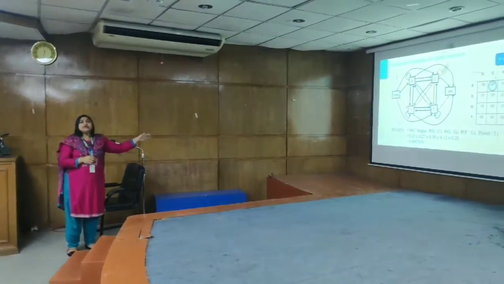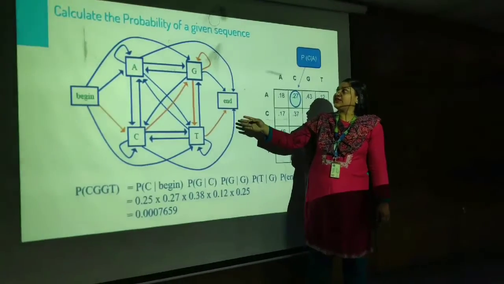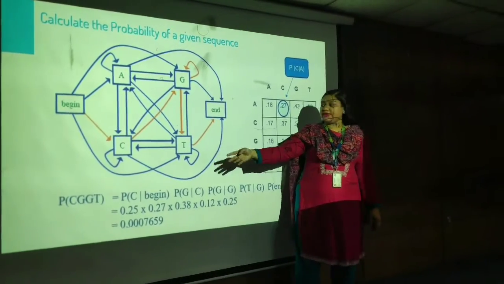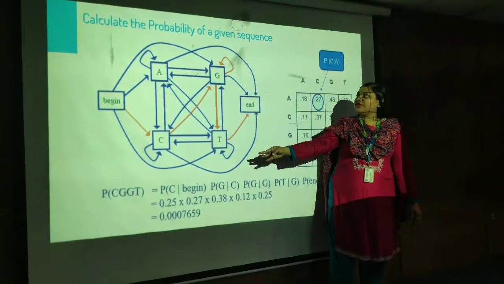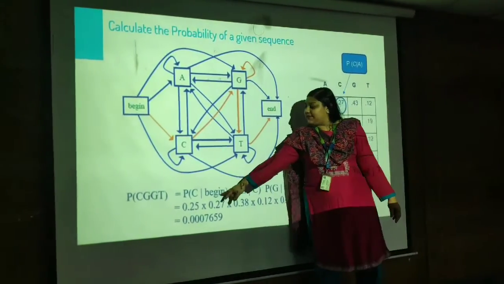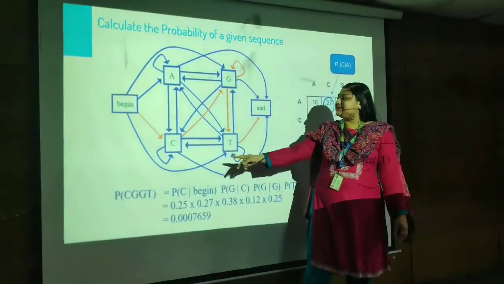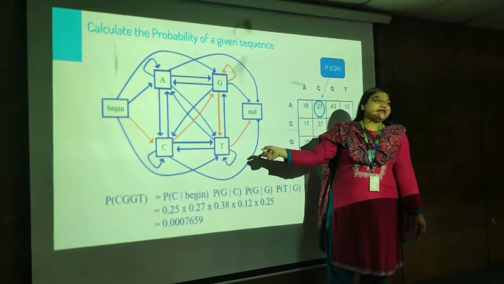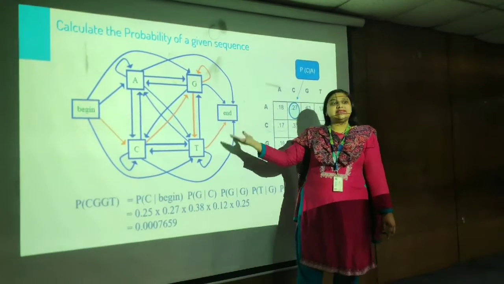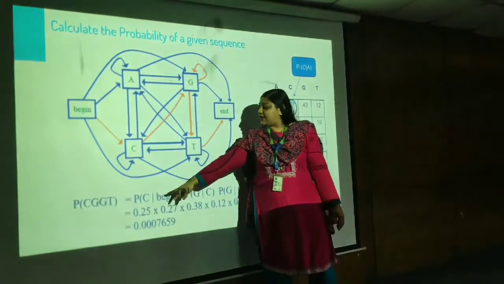If we see the total probability of the given sequence C, G, G, T, we start with P of C given begin. The first state is begin and the second state is C. The next state is always divided by the previous state. So C is divided by begin.